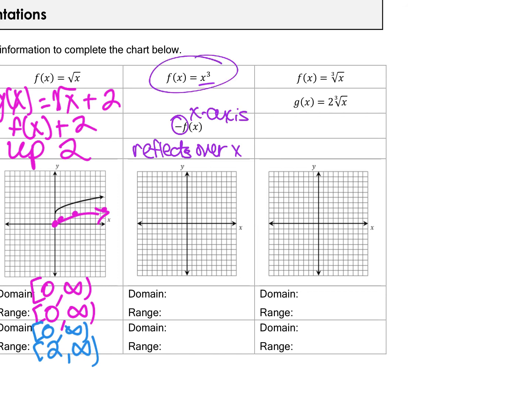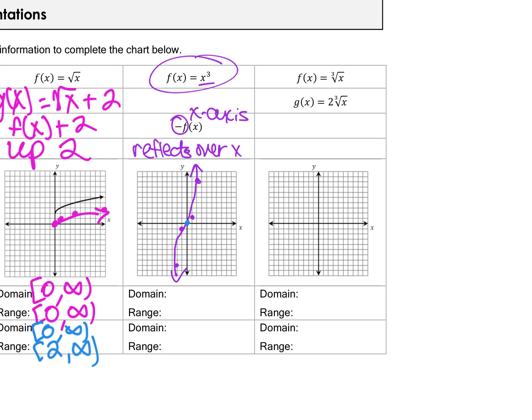So that was, let's see, we plugged in a -2 and we got -8, -1, -1, 0, 0, 1, 1, and 2, 8. So this is my original. It helps if you graph that also. And I'm going to reflect it over the x-axis. So my 0, 0 point is not changing.